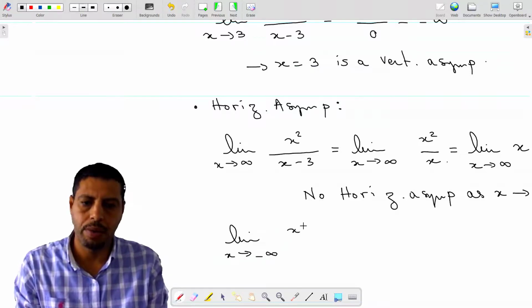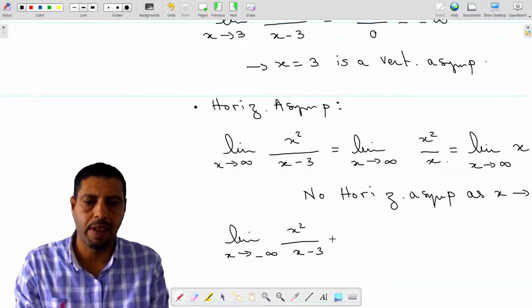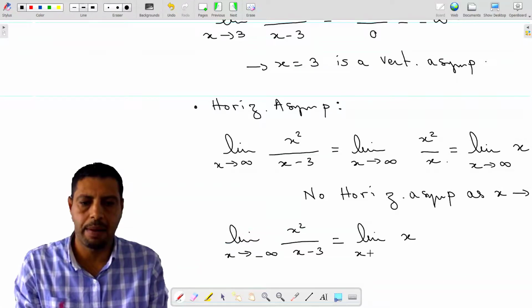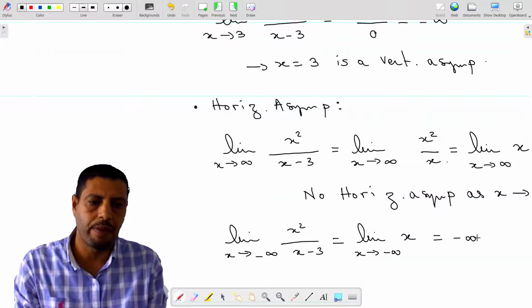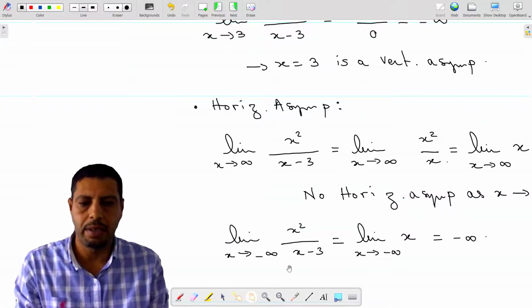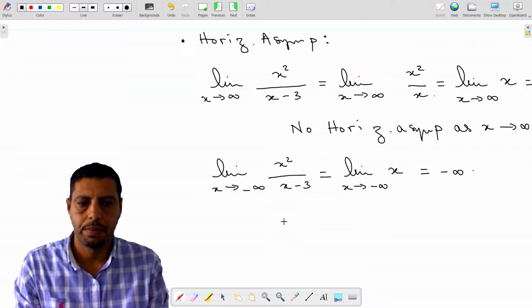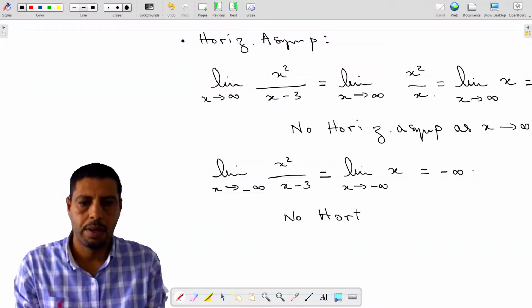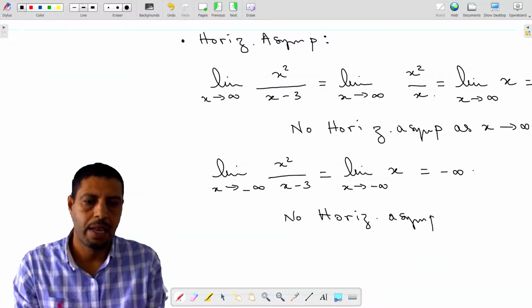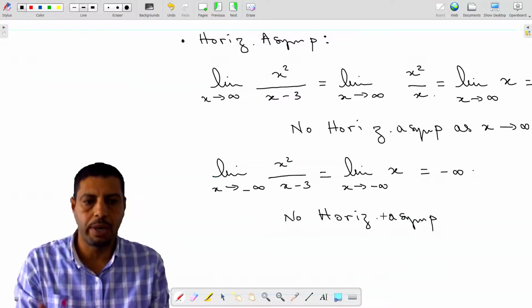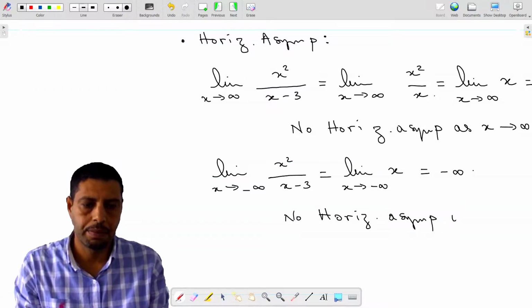So the limit of x squared over x minus 3 as x approaches negative infinity is equal to the limit of x as x approaches negative infinity, and it's equal to negative infinity. Therefore, again, no horizontal asymptote as x approaches negative infinity. Okay, so for this function there is no horizontal asymptote.